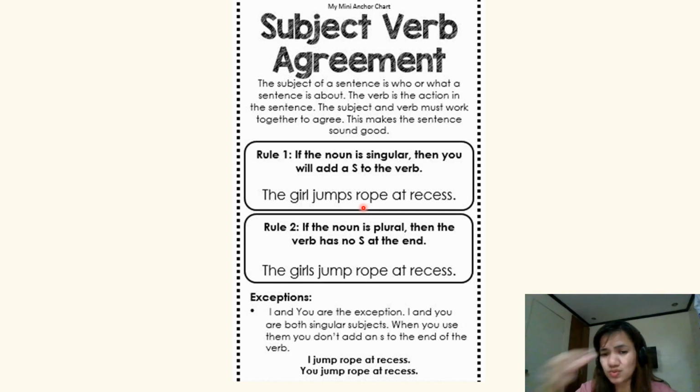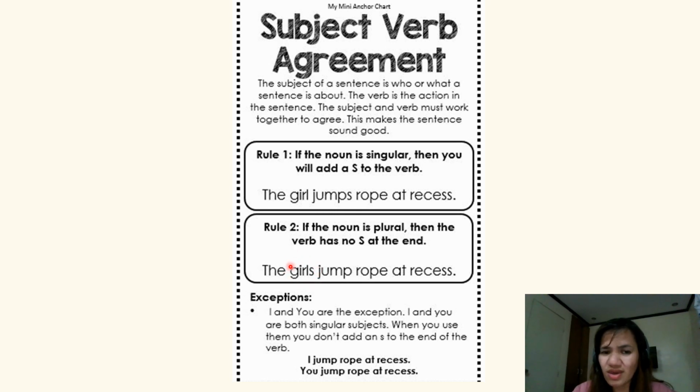What about this rule number 2? If your subject or noun is plural, then the verb has no S at the end. Example, the girls, which is plural in form, jump rope at recess. As you can see, your verb here has no S because your subject is plural.